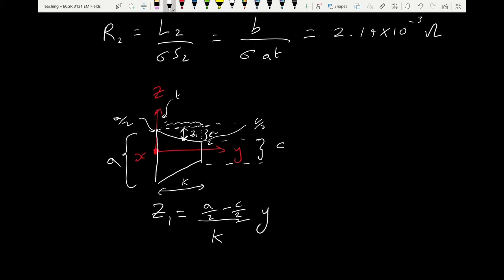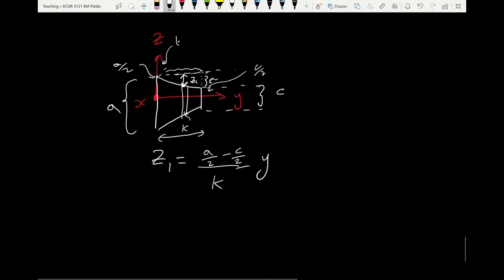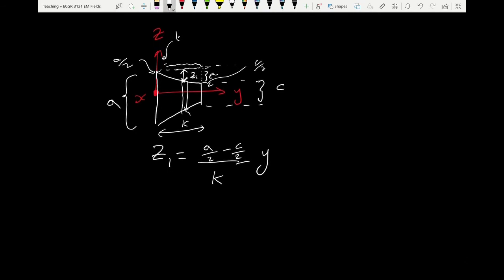Z1 depends on Y. Okay, so the small cross-sectional area. If I take a cross-section here, and remember this thing has depth in the x-axis, I want to find the area at that point y, S at y.